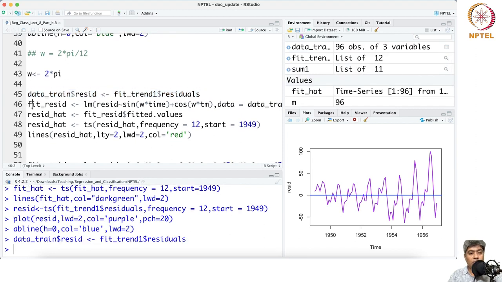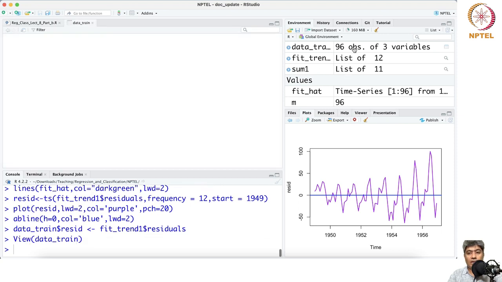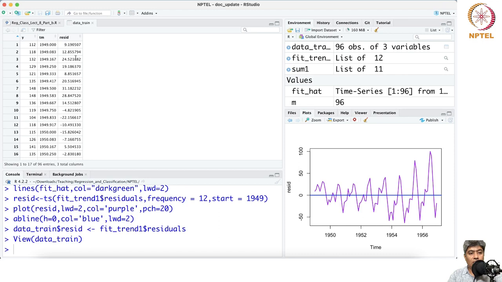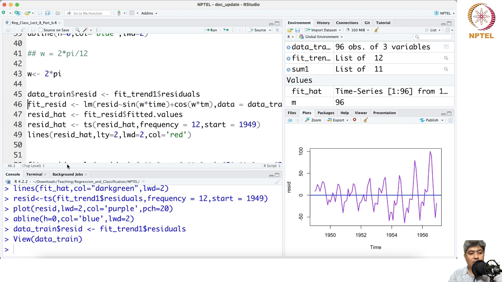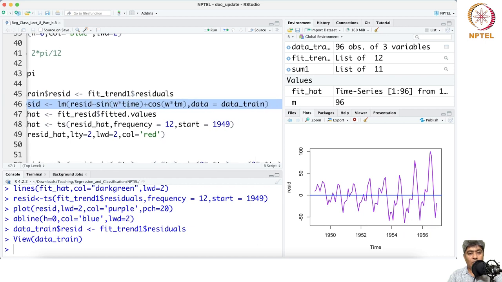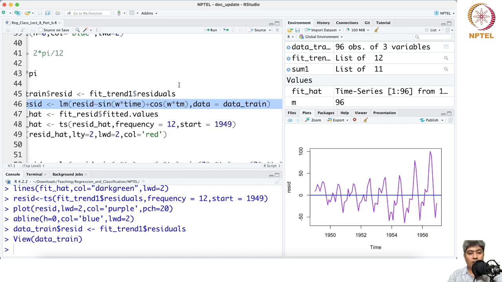So data set is residuals, and now in the data set train you see I have extracted the residuals. Okay, extracted the residuals and fit the residuals as a function of sine omega time plus cos omega time.